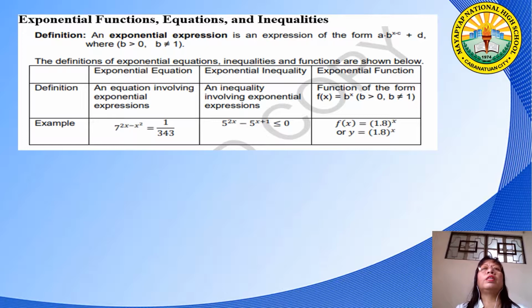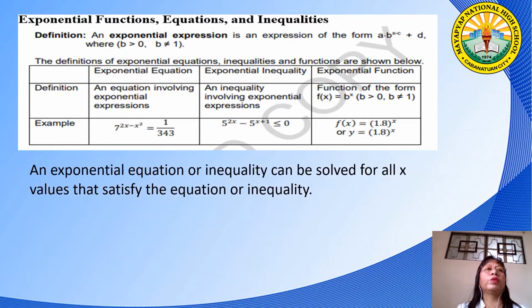And an exponential function is of the form f of x equals b raised to x, where b is greater than 0 and b is not equal to 1. For example, f of x equals 1.8 raised to x, or y equals 1.8 raised to x.